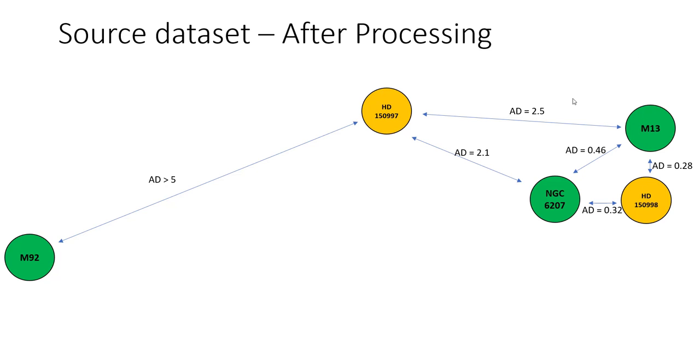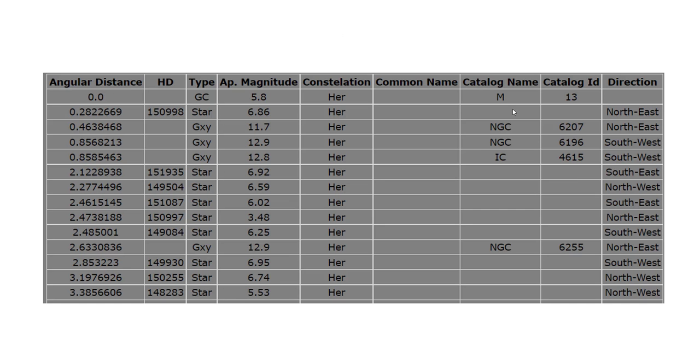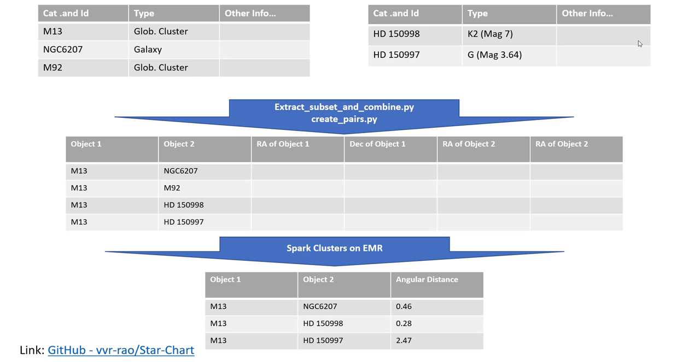So to solve the problem, I decided I was going to use Spark clusters running on AWS EMR to run the computation in parallel. So all my code is in my GitHub.